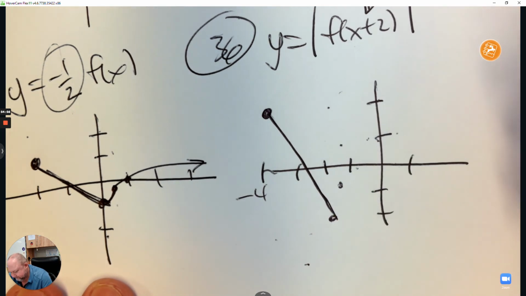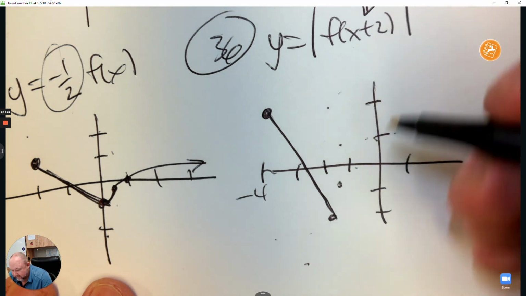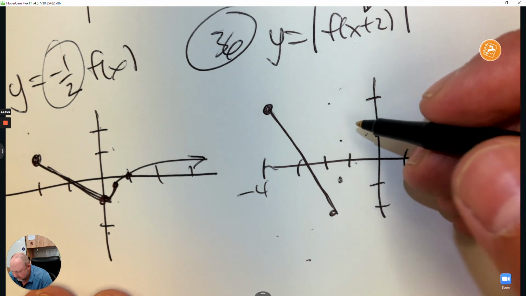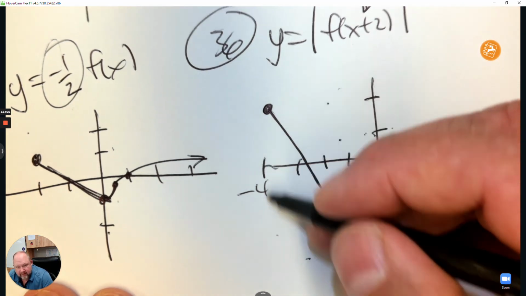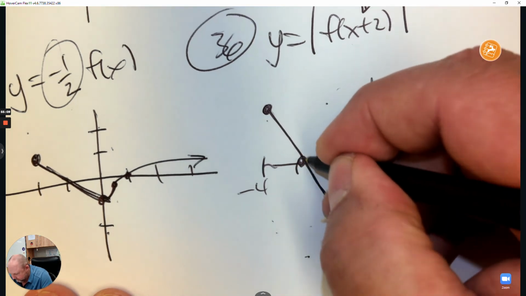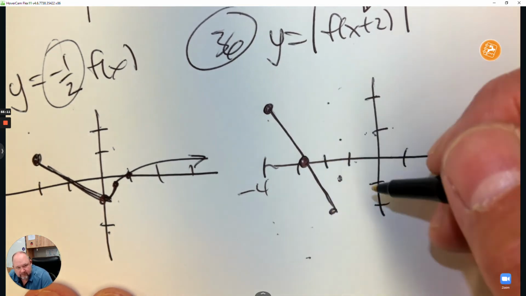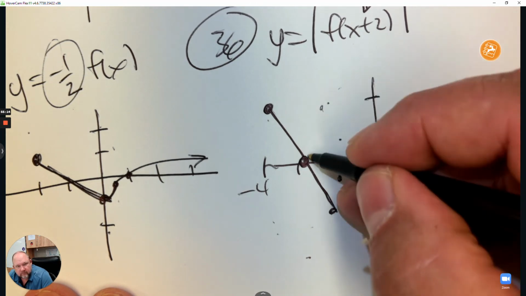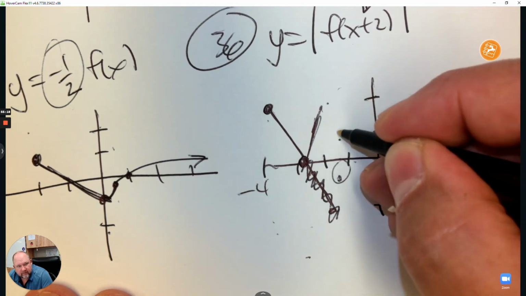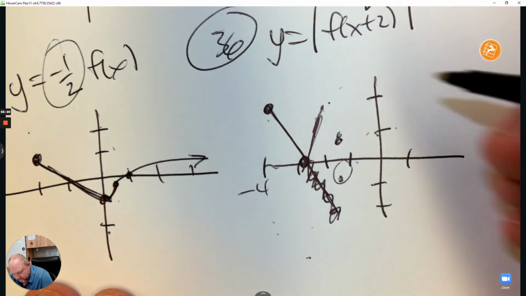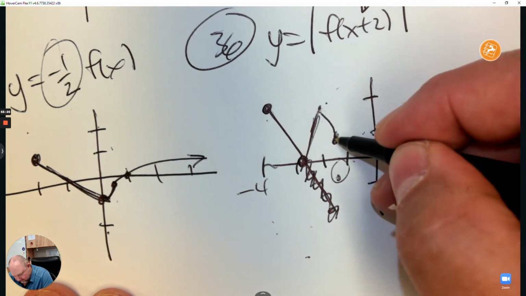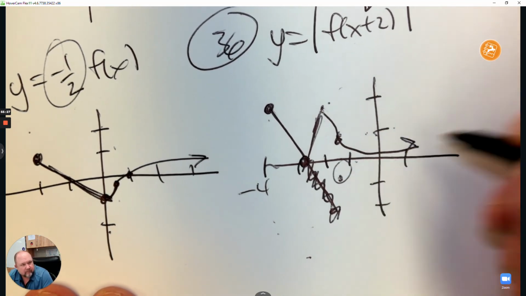So shift to the left 2, and everything below goes above. I totally did bad work here. So you shift to the left 2, and anything below goes above. So this is going to be above. This point's going to be above. And then there you go.